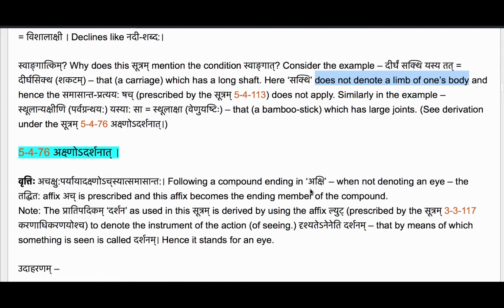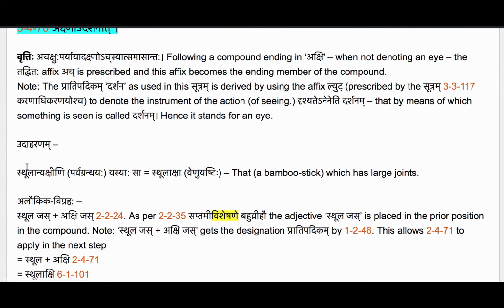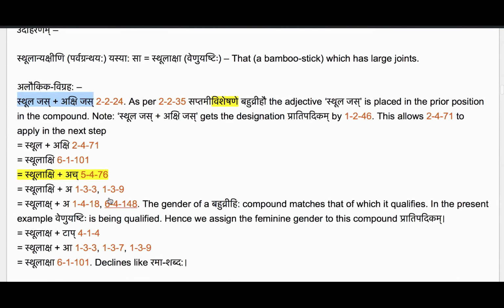The alaukika vigraha of this samasa is sthula jas plus akshi jas, compounding of course prescribed by the sutram 2.2.24 anekamanya padarthe. And now as per the sutram 2.2.35 saptami visheshane bahuvrihau, the adjective sthula jas is placed in the prior position in the compound.